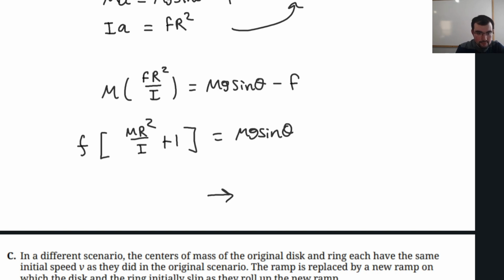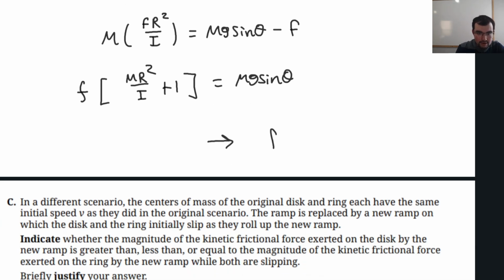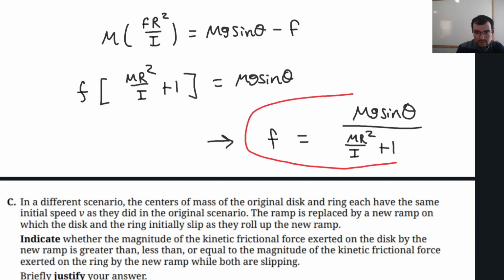And then our frictional force is just going to be mg sine theta divided by all of that stuff on the left. And there's our answer.